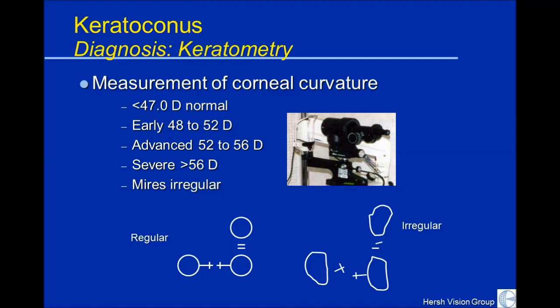So normal is 47 or below on average. Keratoconus patients can be much steeper. But the more notable clue to KC is an irregularity of what we're looking at. So normally we look through this instrument, we see round circles. When KC starts, because the corneal surface is somewhat irregular, we start to notice irregularity of the reflections that we're looking at.